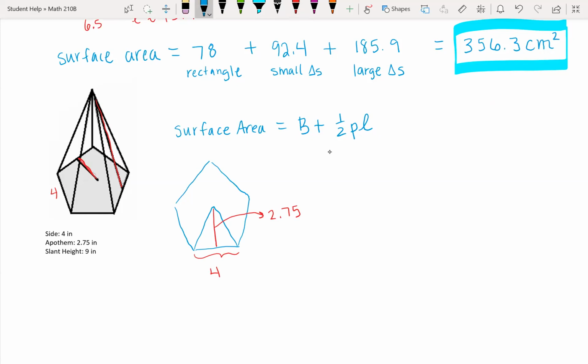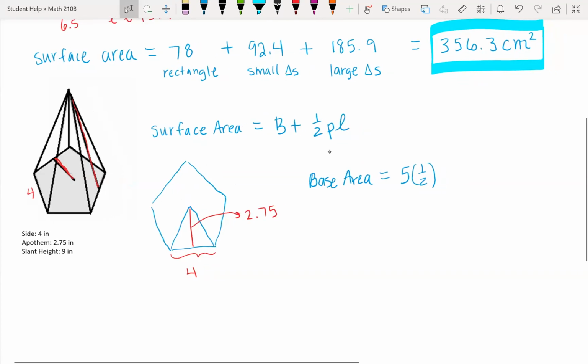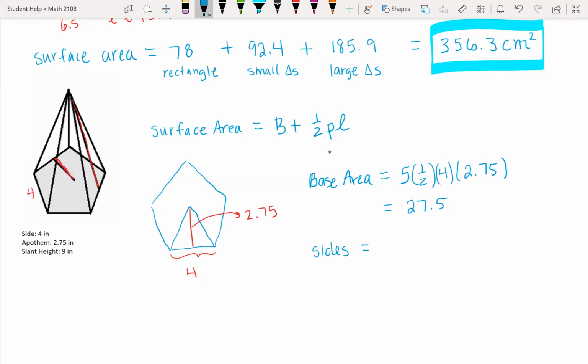So the area of the base is going to be 5 triangles. They're each going to be 1/2. The base of each triangle is 4. And the height of each triangle is 2.75. Let's multiply that together. 5... I'm getting that this is 27.5. So that gives us the pentagon. Then for all the sides, we're going to have 1/2.